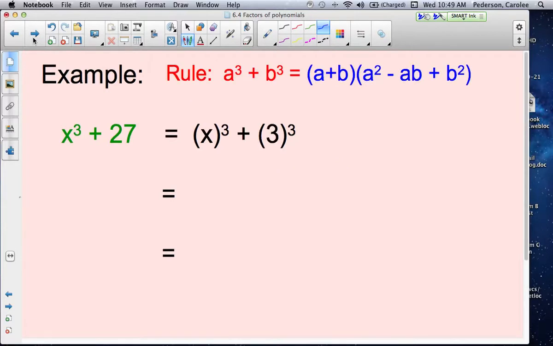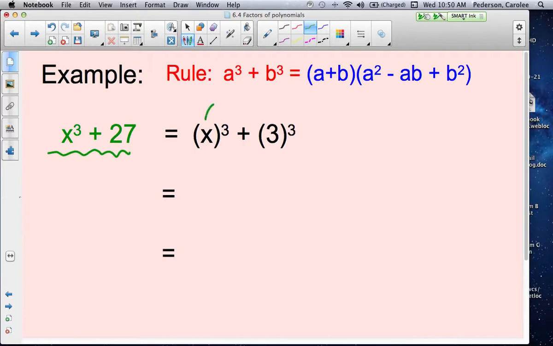Here's a second example. Just go ahead and write the example down in the green. You're looking to see how you can rewrite the terms so that they are cubes. Well, x times x times x, that's x cubed, is fine. But the 27 can be rewritten as 3 cubed.